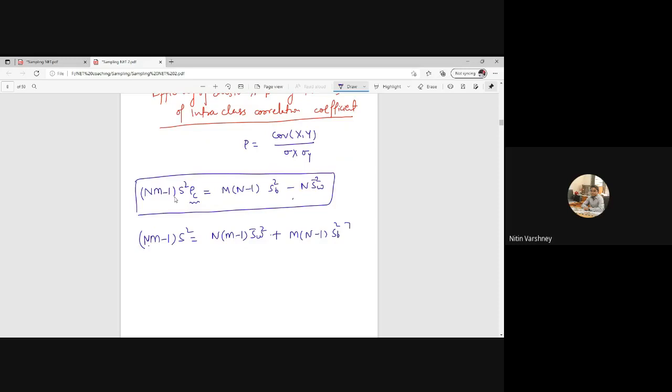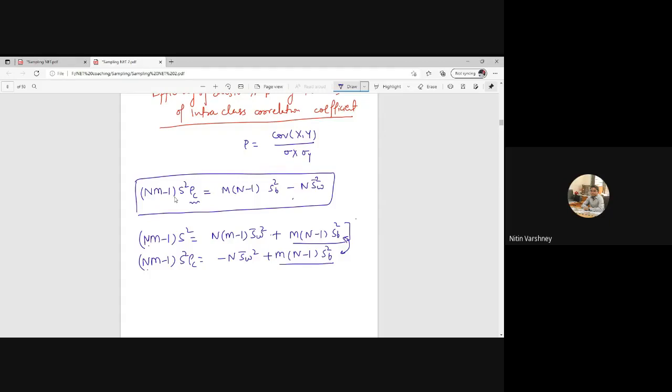So this is the earlier relation, between S square, S bar w square and SB square. Now in terms of intra-class correlation, just to remember, n m minus 1 S square rho c, we will add one term, and minus n S bar w square. In the earlier format, it was minus n S bar w square plus m into n minus 1 SB square. So the second term is the same, only this term changes. Okay, so remember this relation, both relations are important.